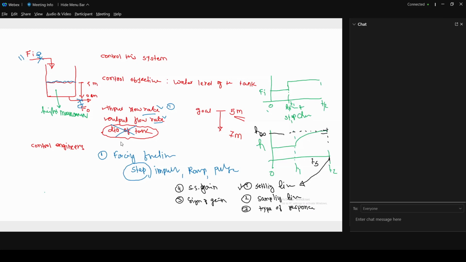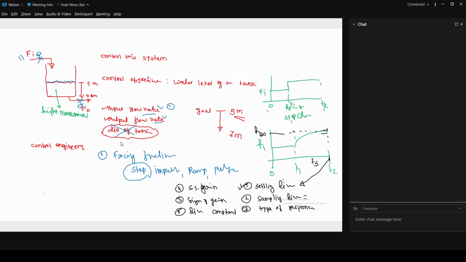Once I have the settling time, I understand at what rate I should sample my system, so at what time rate I should get outputs from the system, so that I can reconstruct the signals very well. The rule of thumb is sampling time, and then one more is the time constant.